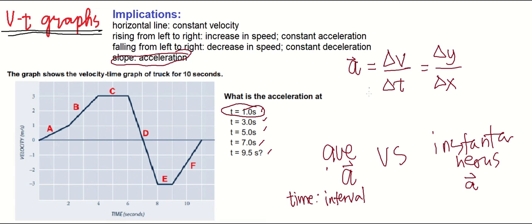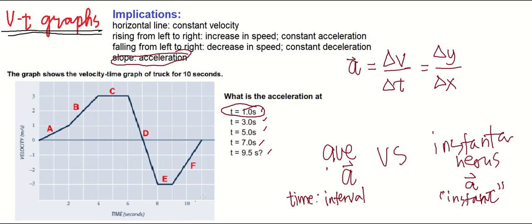But when we say instantaneous, kaya nga instantaneous, a particular instant. So, pag ang pinahanap sa inyo is instantaneous acceleration, you are just looking at a speck of time, as in sobrang liit na time within a given interval.